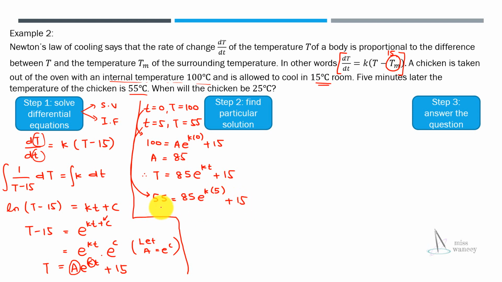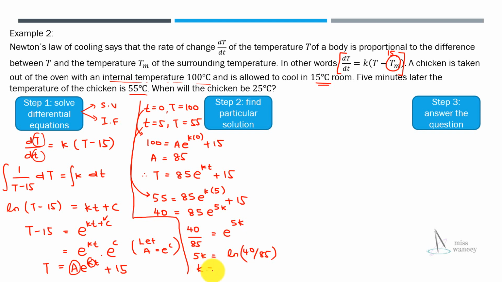So let me minus them with 15. So this is 40 equal to 85e^(5k). So 40 over 85 is e to the power of 5k. So that means applying ln on both sides, 5k will be equal to ln of 40 over 85. So that means k will be ln(40 over 85) over 5.